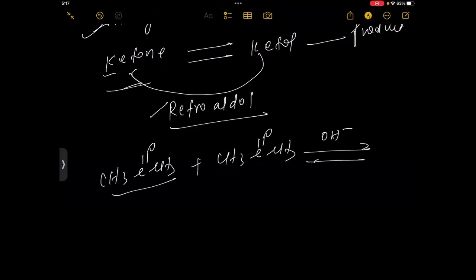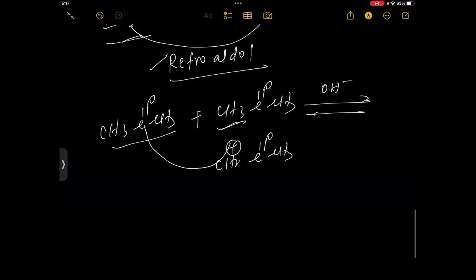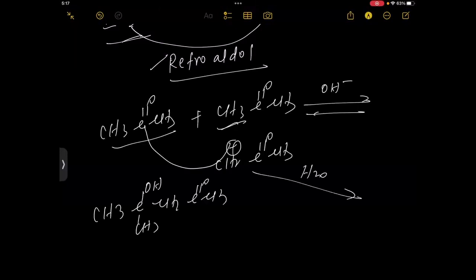So through OH, what will happen? It will generate the nucleophile CH2 negative COCH3, and then it will attack here, and then you will get CH3C(OH)CH3CH2COCH3. At the same time, the compound which generated the nucleophile undergoes hydrolysis, and you get CH3COCH3 along with CH3COCH3.